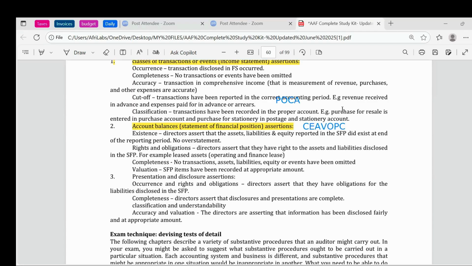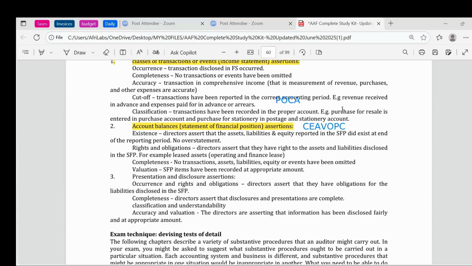Now, cutoff only applies to income statement. Why? Cutoff is timing specific. So cutoff says that ensure that transactions that are being reported are the ones that happened in that financial year. Ensure that transactions that are being reported are the ones that happened in what? In that financial year. Because your income statement is for the year ended.